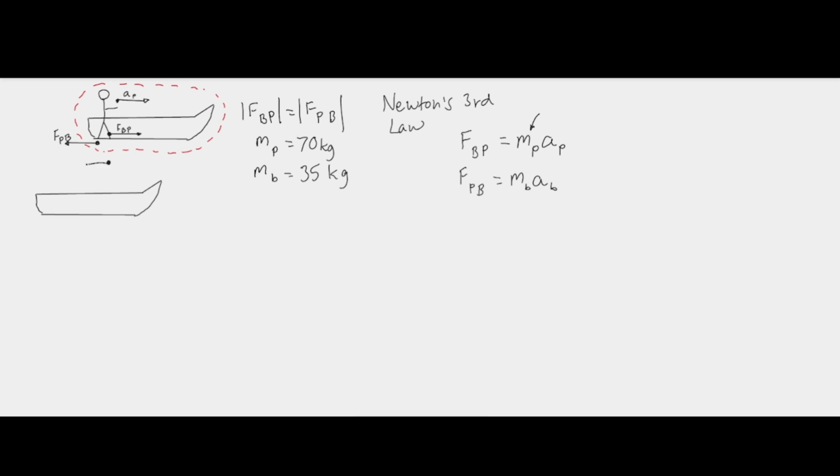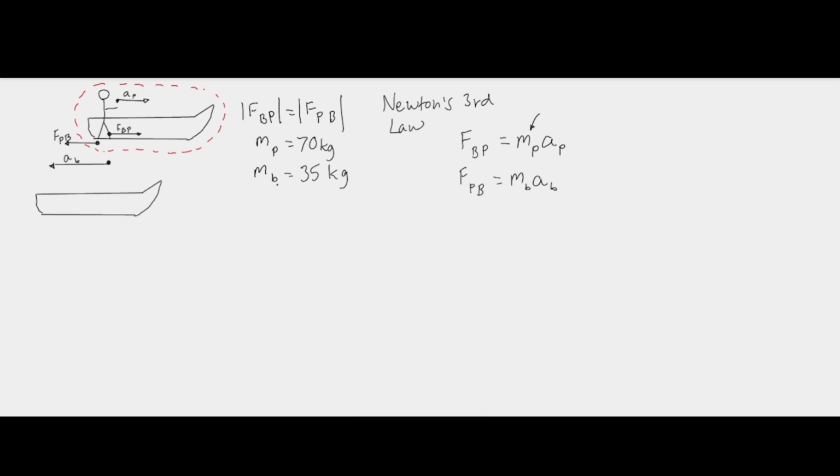So the acceleration of the boat now we're saying is double the person because it weighs half as much. So it has to be double. So this is the acceleration of the boat.